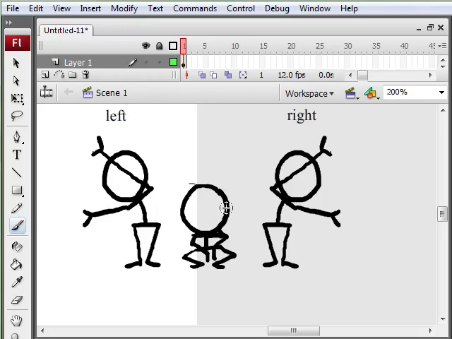Oops, I forgot to draw the shoulders. So you get the general idea here. So the contrast between here and here is left to right, but the contrast from here to here is up versus down, and also stretch versus squashed.